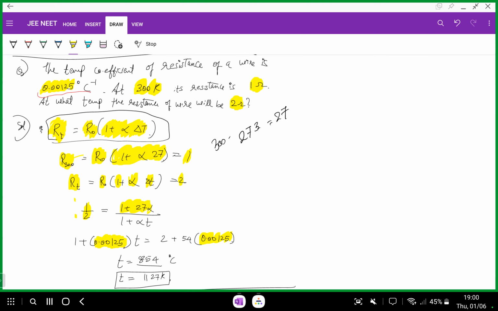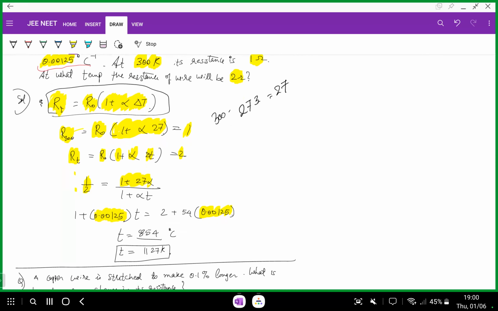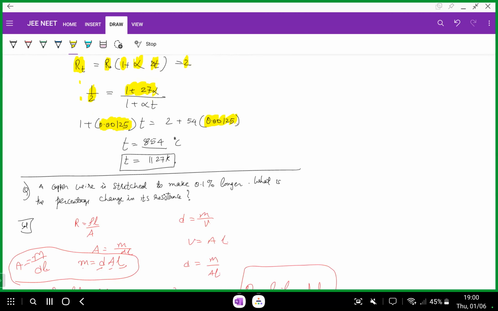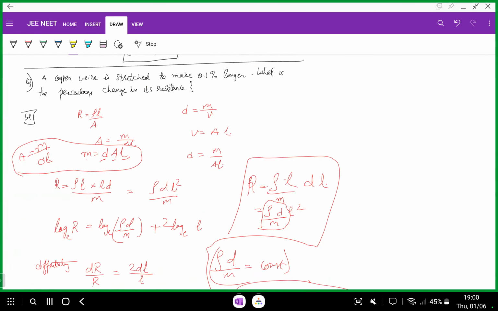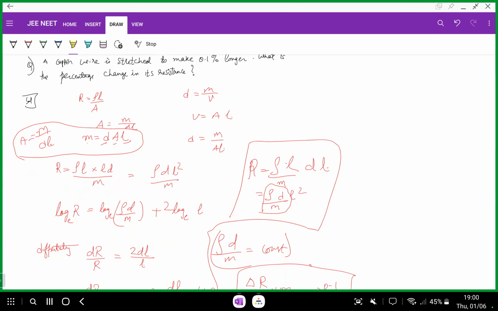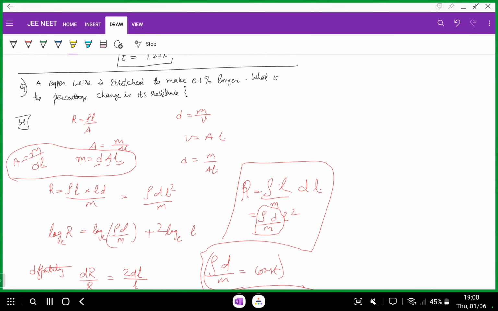Okay. This is an error and dimension analysis question. It's okay, let it be.